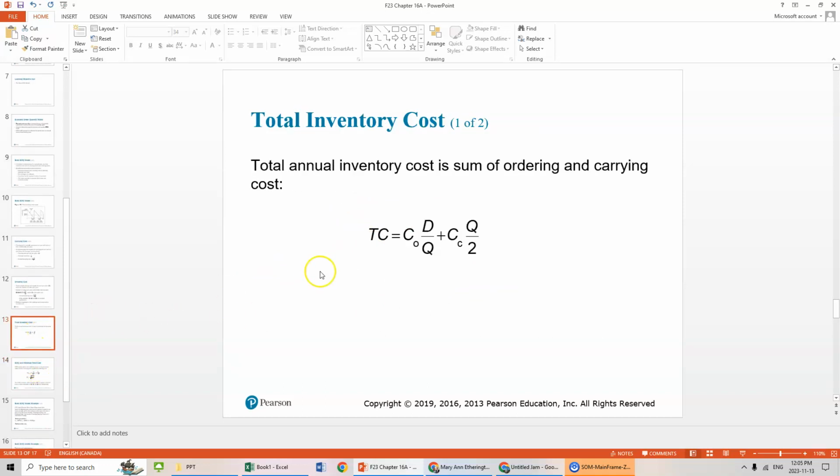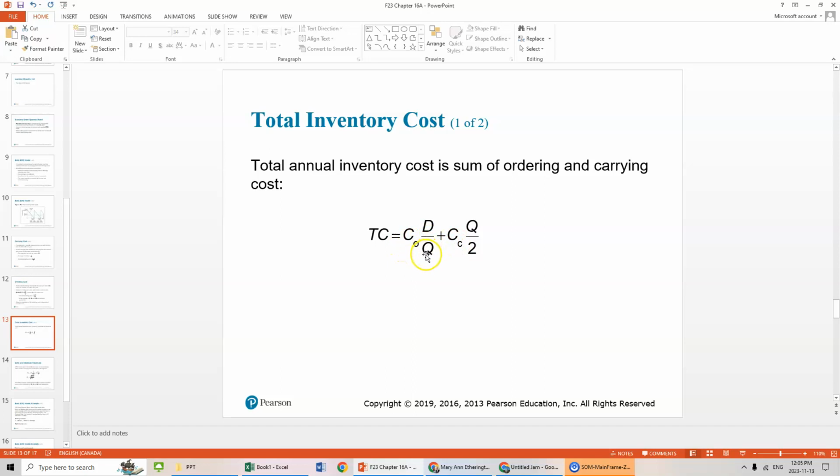Before that, one thing we want to do is determine the best order quantity. Q is the amount that we're going to order. The economic order quantity is the quantity that's going to minimize our costs. If we order too much or too often, we're going to increase our total cost.